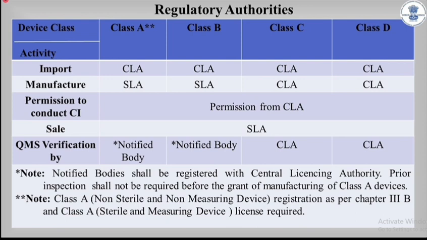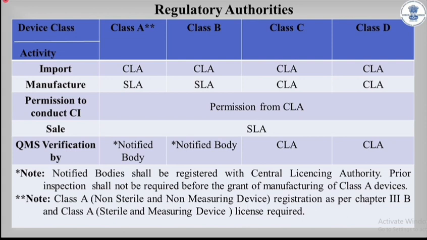Earlier, for retail or wholesale of medical devices, a businessman or a shopkeeper was supposed to obtain registration or license in Form 20B or 21B, which is common for drugs and medical devices. After the implementation of the new rule, the registration requirement has been much more simplified, and a new form was introduced which is called Form 42. By obtaining Form 42, any person would be able to do a retail or wholesale of medical devices.